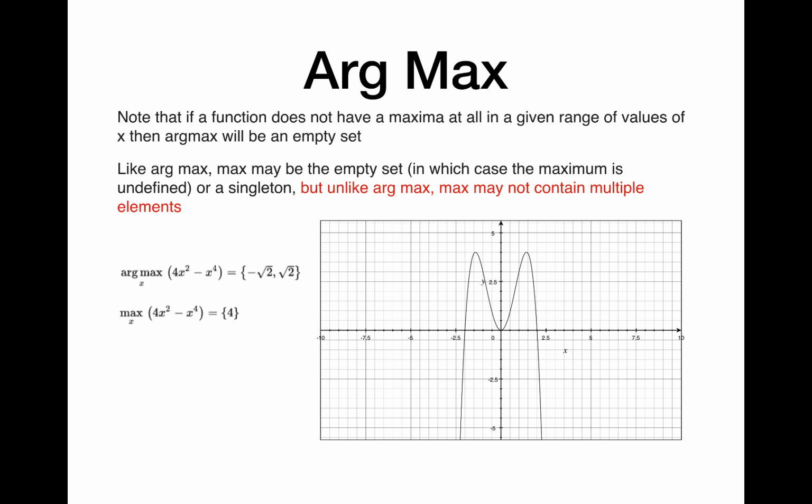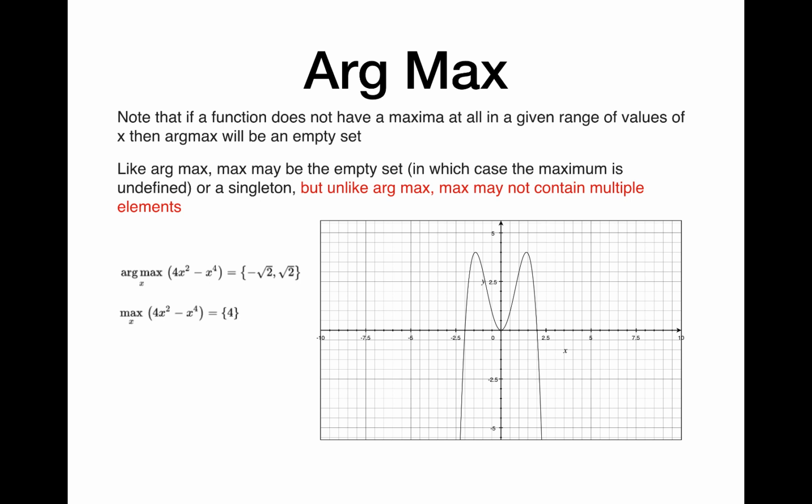So singleton means a set with only one value. Okay, so argmax and max can be empty set or a singleton, but unlike the argmax, max may not contain multiple elements. Okay, so what does that mean?